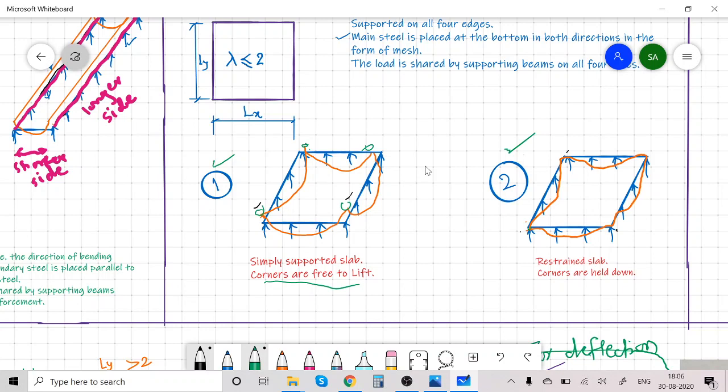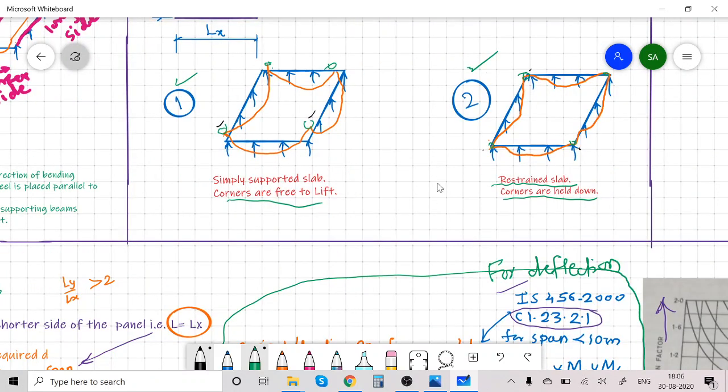They are not allowed to lift. It is known as restrained slab. Corners are held down. In our syllabus, the second type is mentioned. So we will design this second type, means restrained two-way slab. The type 1 is not included in the syllabus.